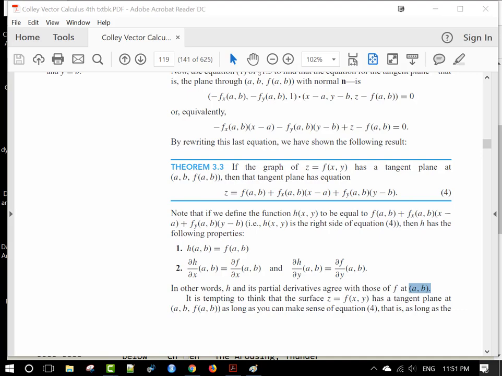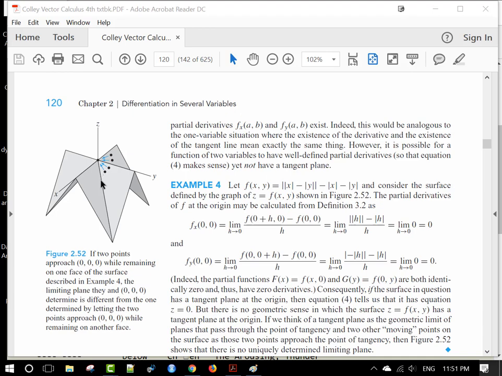But then they say no, it's not quite enough, and they bring up this picture which has partial derivatives here and here, but we don't say that there's a tangent plane here. You might imagine a tangent plane here, but she says it doesn't make sense to say there's a tangent plane.